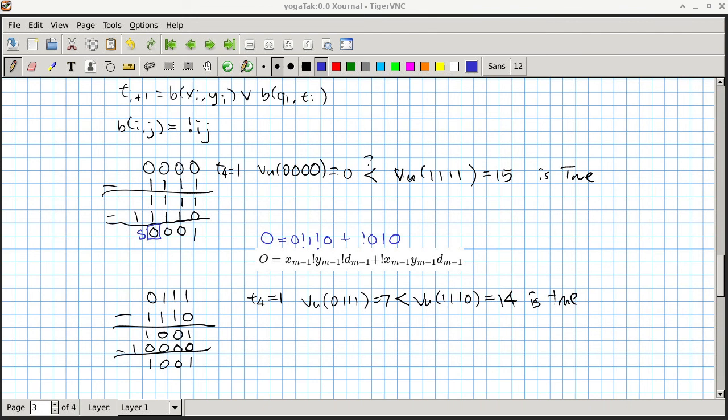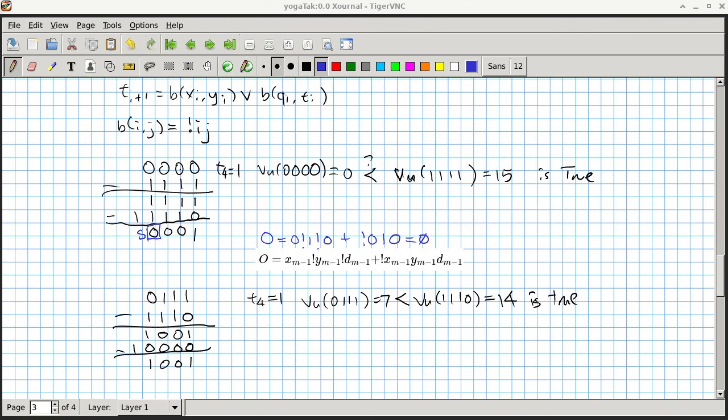All right, so when we look at these two conjunctions, what is your conclusion? 0. Yeah, exactly. Both of them are going to be 0 because I see a 0 over here and another 0 over here. So each conjunction has at least one 0, so each conjunction is going to be a 0. And then when we look at the disjunction of two zeros, it is also going to be a 0.